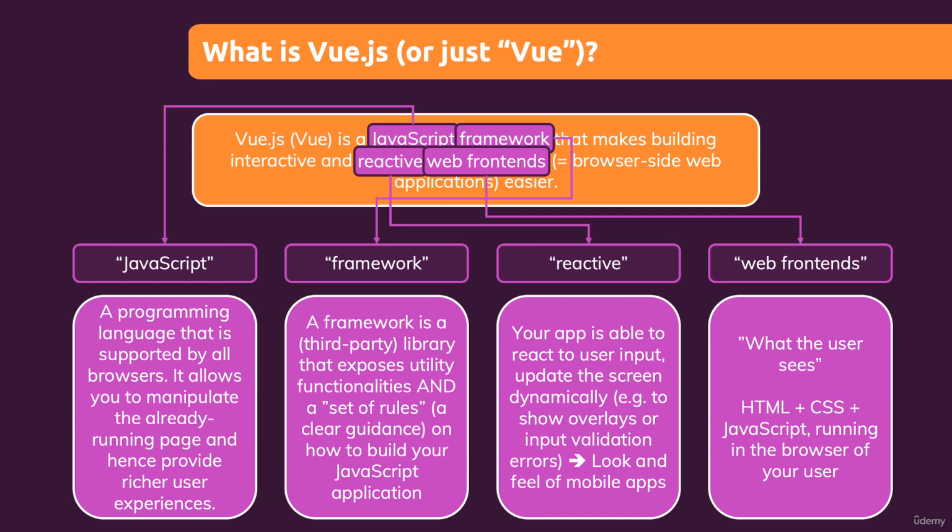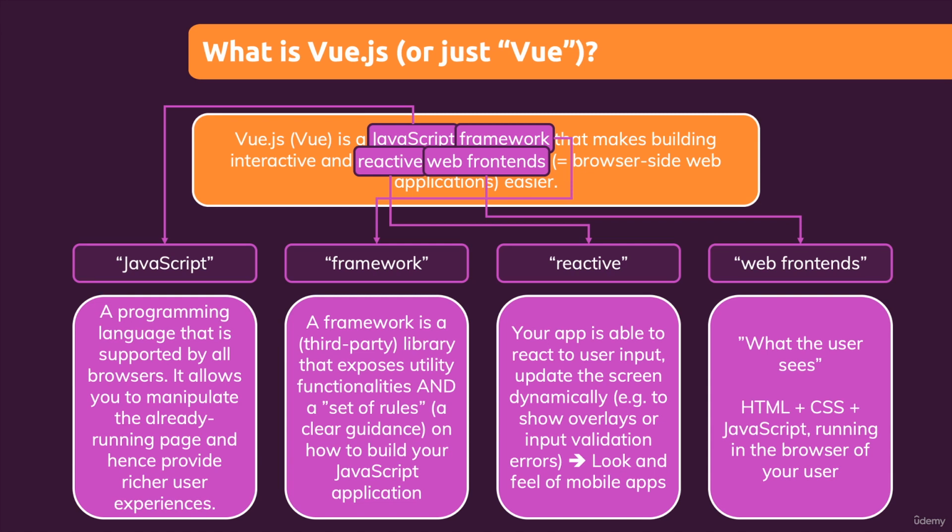With HTML, CSS, and JavaScript, and possibly Vue.js in the browser, we can control what the user sees, and we can provide a rich user interface in the web. And Vue.js is a framework that helps us with building such a JavaScript-driven user interface running in the browser for our web application that might be talking to a server, but it's all about the browser-side code that helps us achieve that.